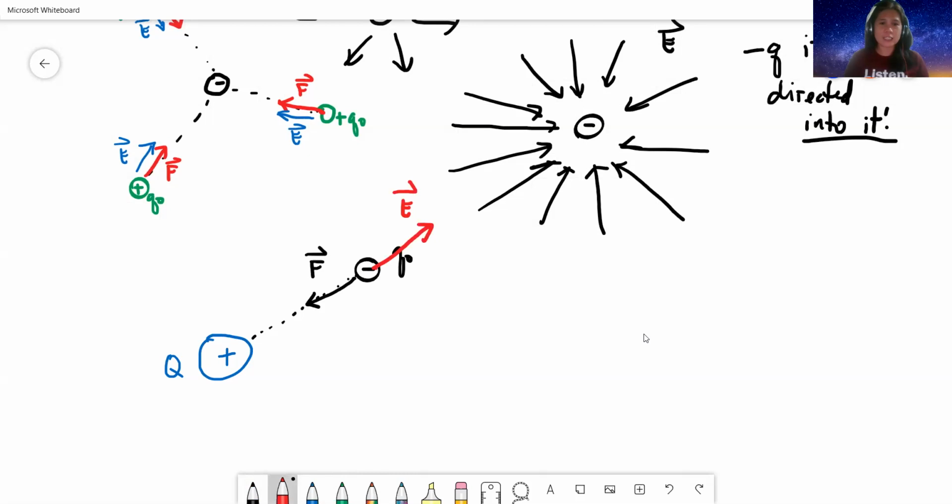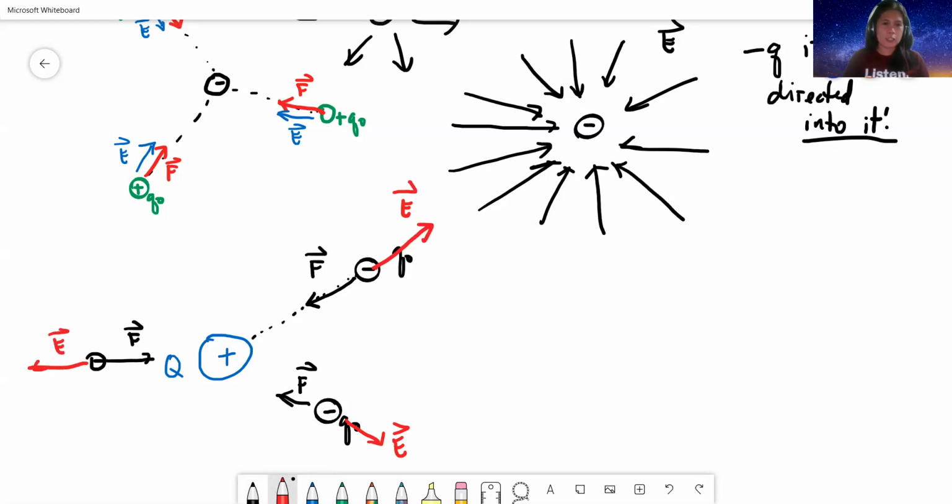So it's still consistent, di ba? If we put the negative test charge here, the electric force is going there, so the field is also 180 off. Let's put it in another place. This is negative, so you have this electric force by Coulomb's law, and then the electric field is going the other way.